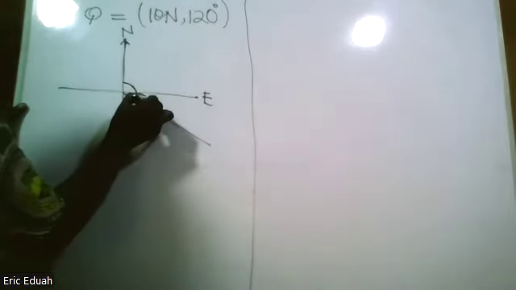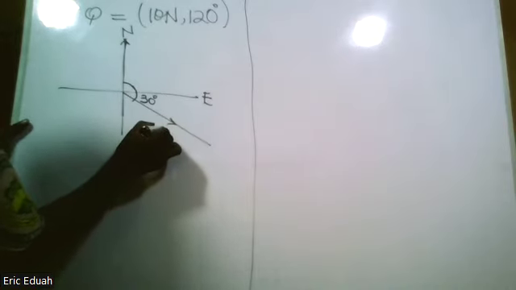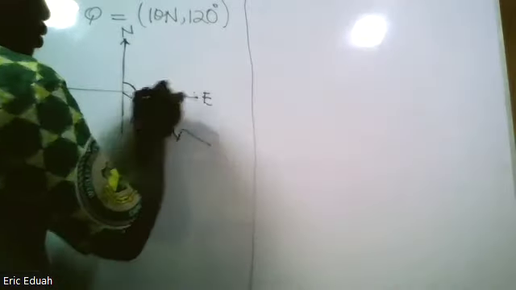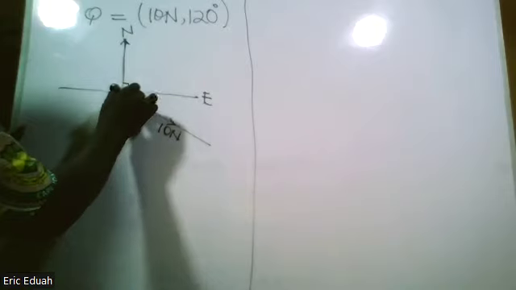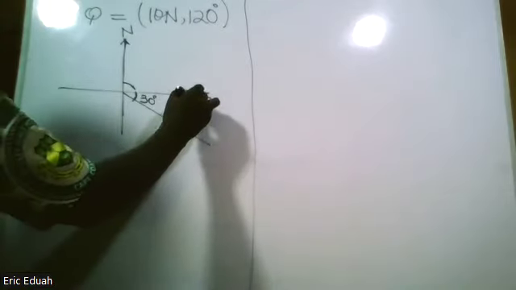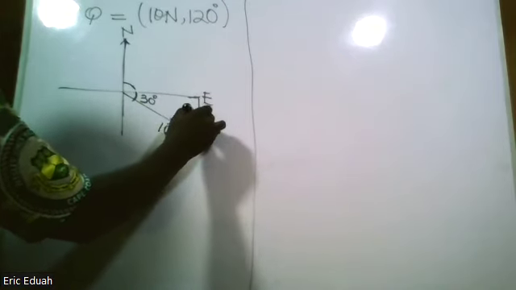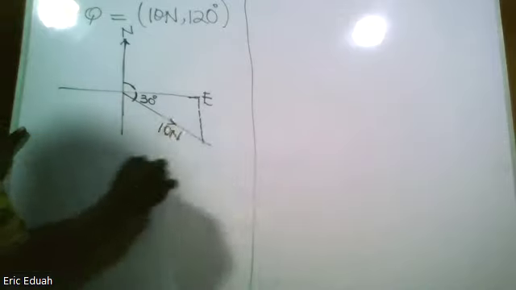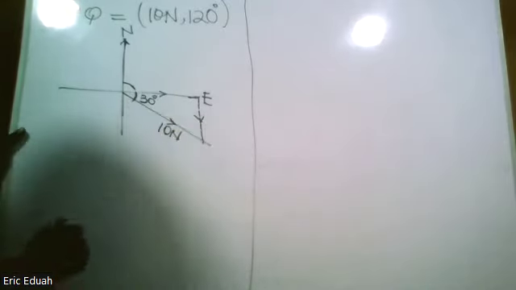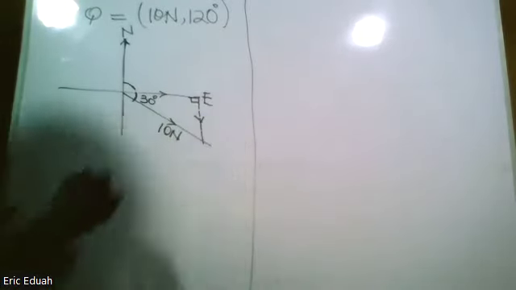This is 30 degrees to the x-axis, and I have 10 Newton. So the equivalent angle is 30, the equivalent acute angle. This is the opposite. This is the adjacent. The opposite and adjacent are perpendicular.